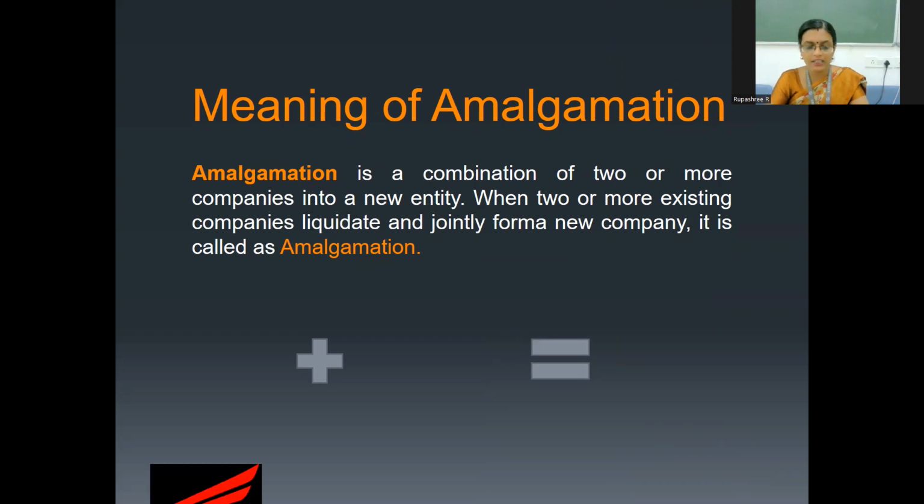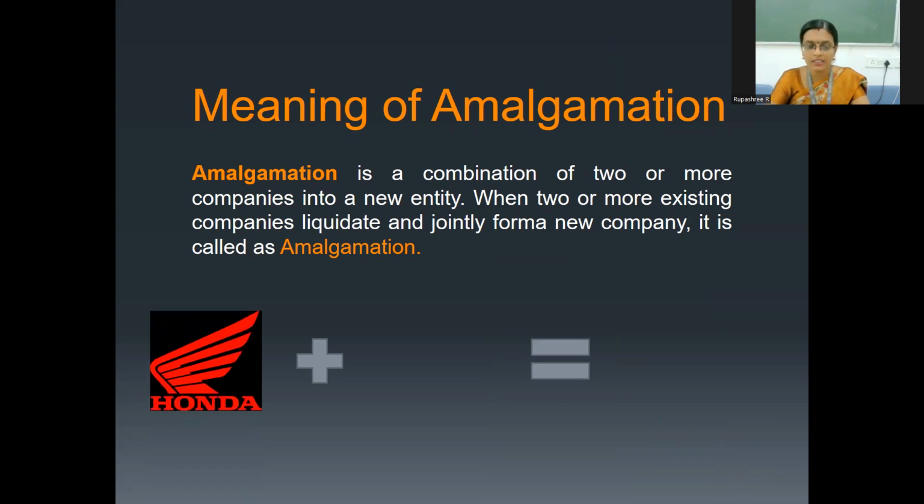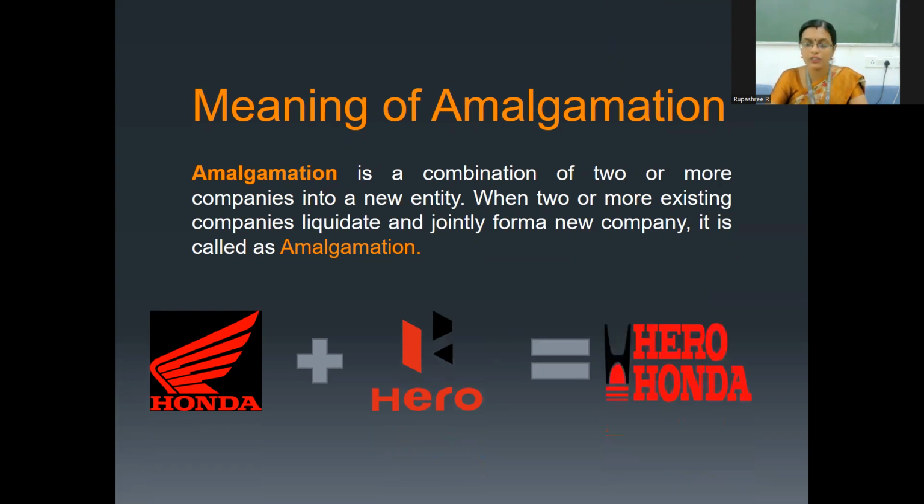For example, let's say Honda company and Hero company. Honda company was into automobile manufacturing and selling, and Hero company was also into automobile manufacturing and selling. These two companies liquidated in order to form a new company called Hero Honda.